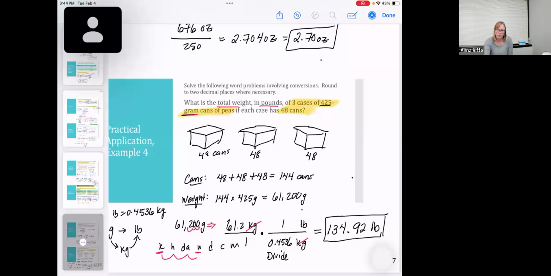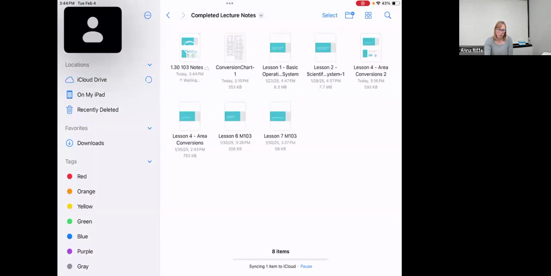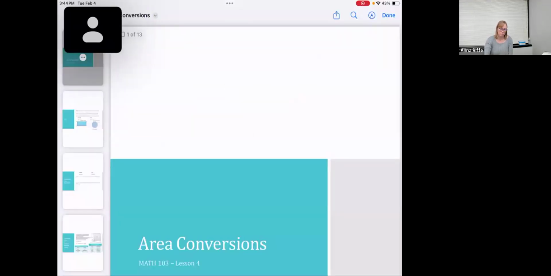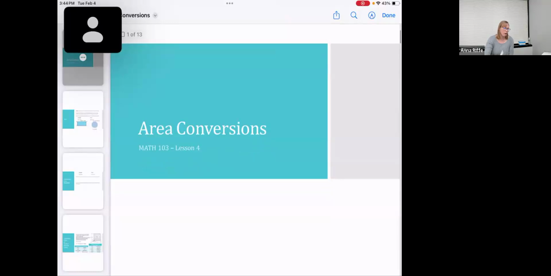Okay, great. So that finishes up lesson 3. Let's go ahead and jump into lesson 4, where again, a lot of this will look familiar. We're going to do area conversions. We're going to continue using these unity fractions within the next several lessons.